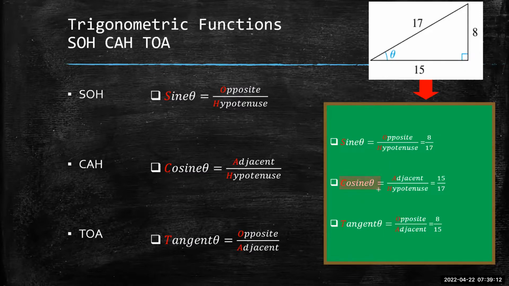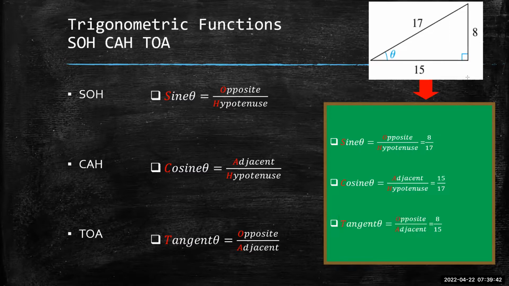To find cosine, you apply the formula: adjacent to the angle, that is 15, divided by the hypotenuse, that is 17. Tangent of the angle is opposite over adjacent: opposite, or in front of the angle, that is 8, and adjacent, that is touching the angle, that is 15. 8 divided by 15.